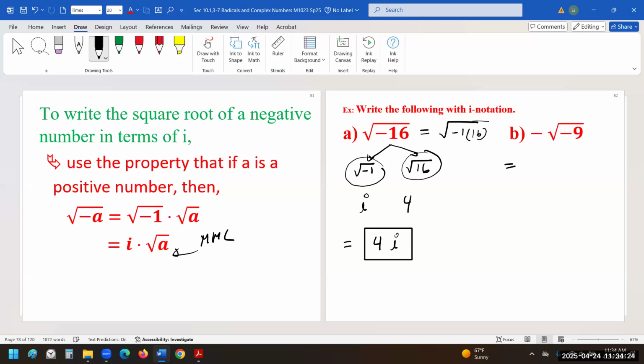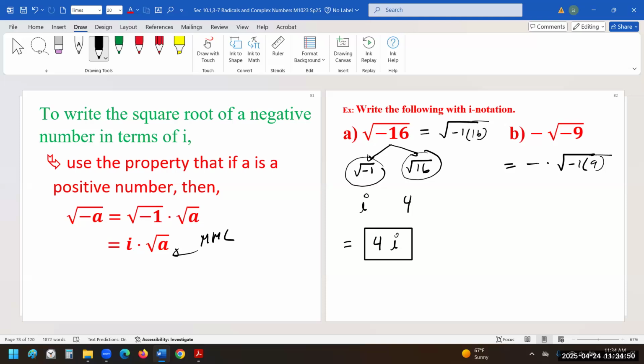The next question, it has a double negative. What's the role for the first negative? What do we do with the first negative? Multiply. It's negative times square root of -1 times 9.